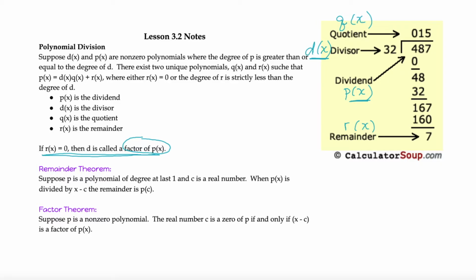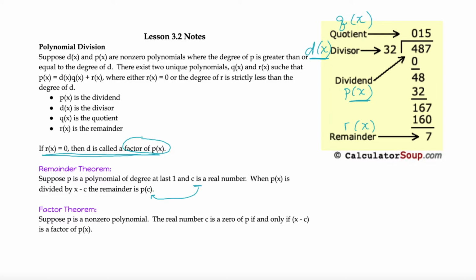The remainder theorem states that we have a polynomial of degree at least 1, and c is a real number, when we have the polynomial and it's divided by x minus that real number. The remainder can be found by substituting the real number into the polynomial, and we'll talk about that in a little while.